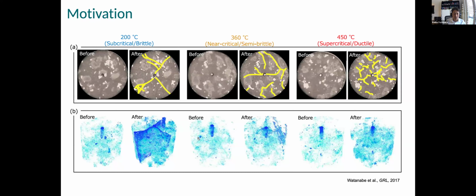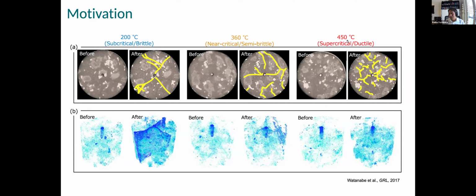At this condition, they saw a pattern of structure that looks familiar to us, like a bi-wing, planar fracture pattern. Then as they increase the temperature, the morphology of the fracture looks more complex. In the middle it's 360 degrees C. The brittle to ductile transition temperature for granite is around 360 to 400 degrees C, so the rock is transitioning to ductile, and water is becoming supercritical as well.